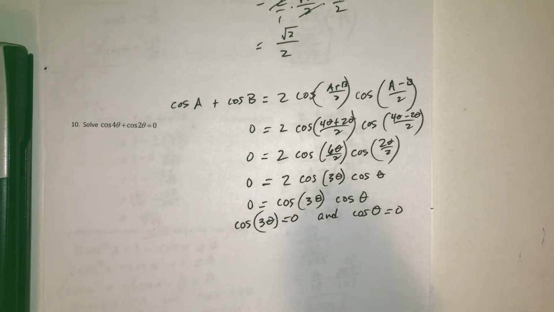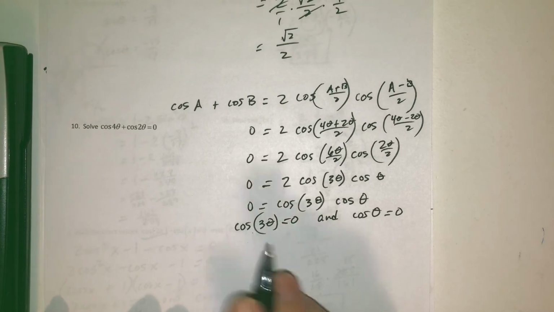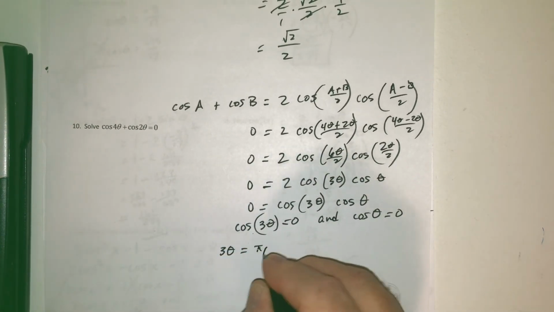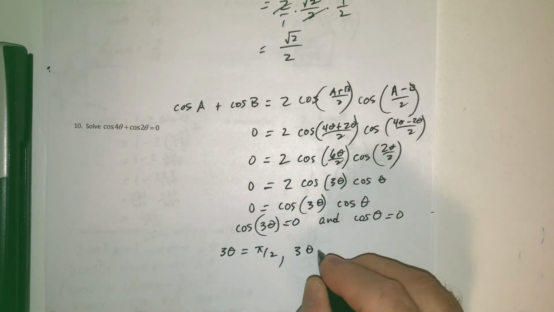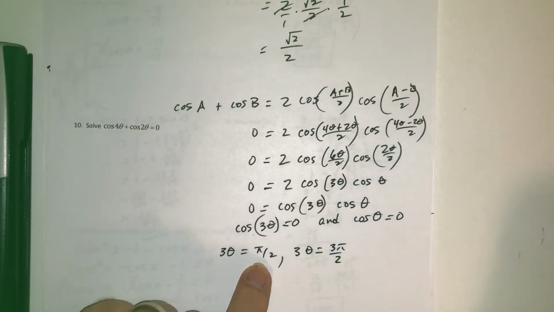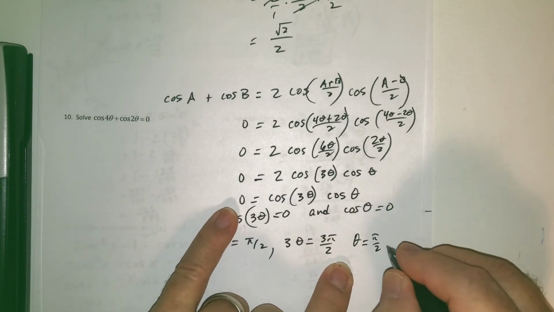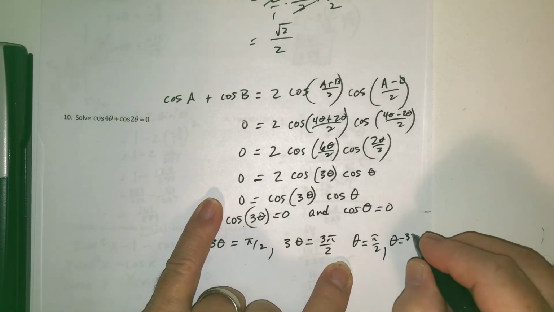If we take this one, the cosine is 0 at pi over 2 and 3 pi over 2. So 3 theta equals pi over 2, and 3 theta is equal to 3 pi over 2. Also, theta equals pi over 2, and theta equals 3 pi over 2.